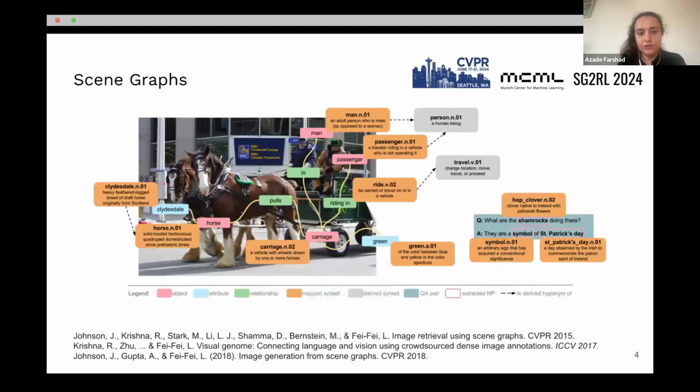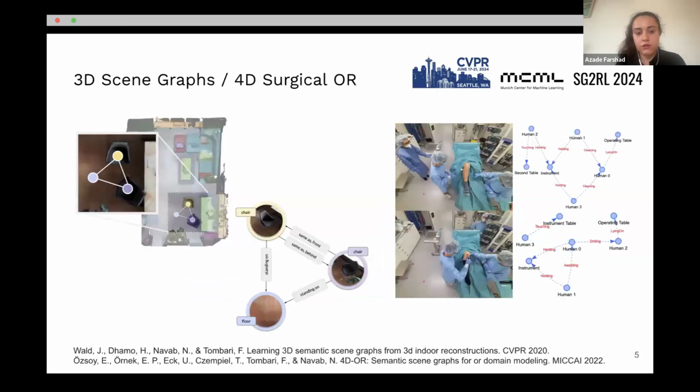And scene graphs, as we know them nowadays, were first introduced in 2015 by Johnson et al. And later, the Visual Genome dataset was released, which is one of the main benchmarks in scene graphs. Later, 3D scene graphs and also semantic scene graphs for different applications were introduced.